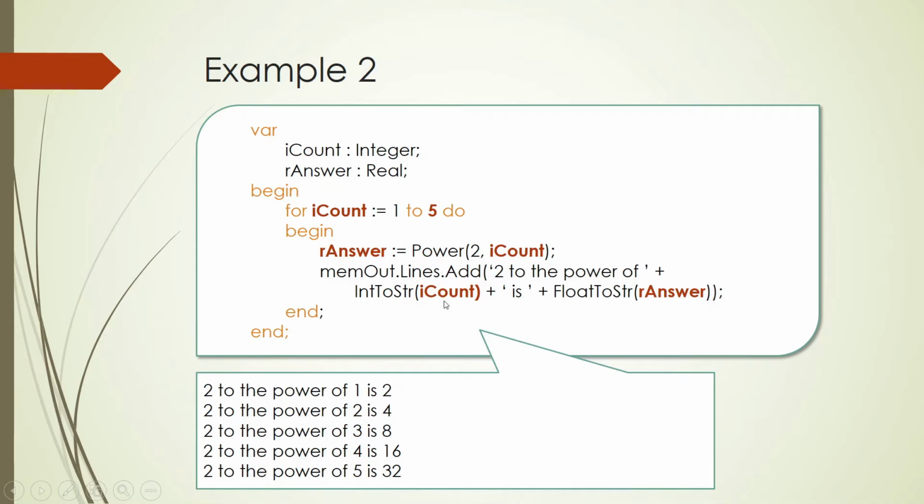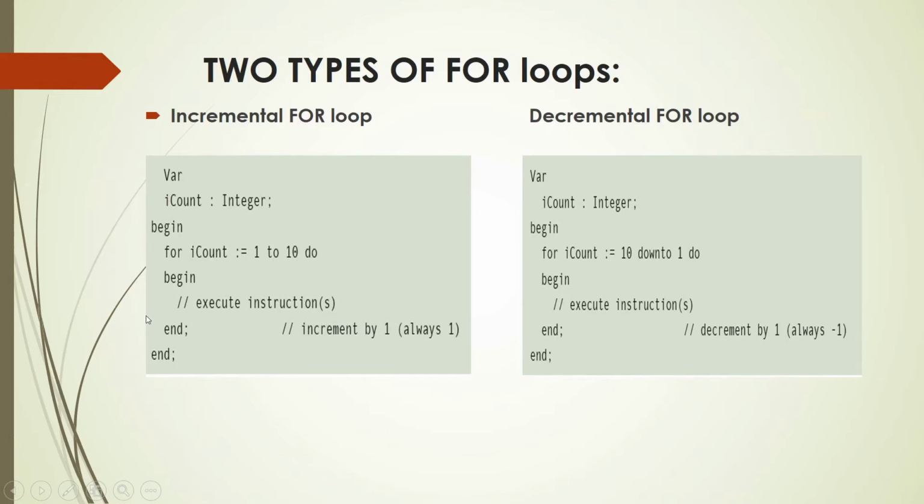Right, so let's look at the 2 different types of for loops. We've been looking thus far from the beginning of this lesson at incremental for loops, where we incremented the value of iCount by 1 each time. So in this example, iCount is my loop counter variable.